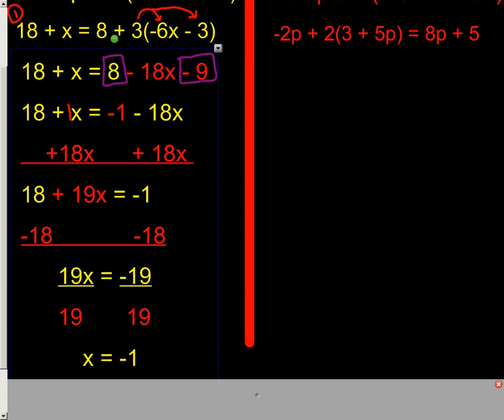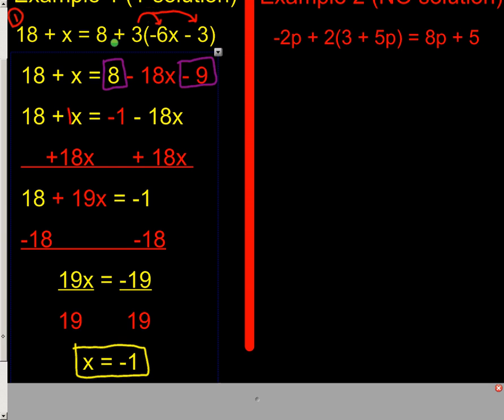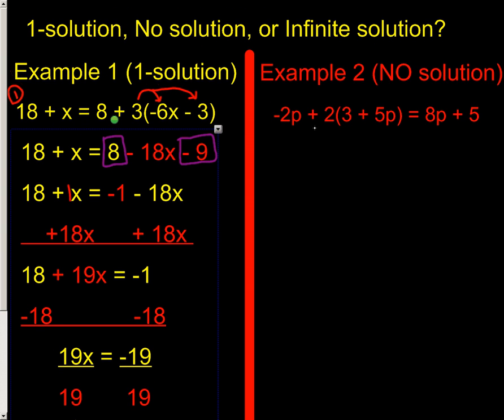That will get us a positive 1x in front of that x if we needed to there, and negative 19 divided by 19 is negative 1. And this is the situation that you're used to seeing. You're used to seeing a variable equal to a number. That's your solution. So what about when we get to the situation where there are no variables left over?